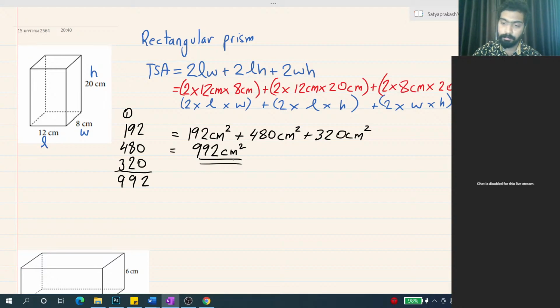I'll give you maybe 1 minute to copy it down and have a look at it so you know if you did it correctly or wrongly, and then go on with the next question.